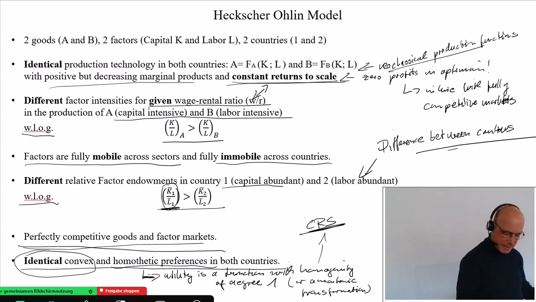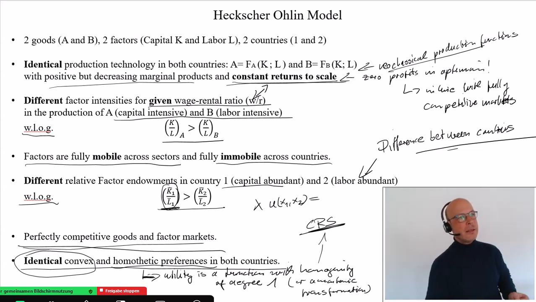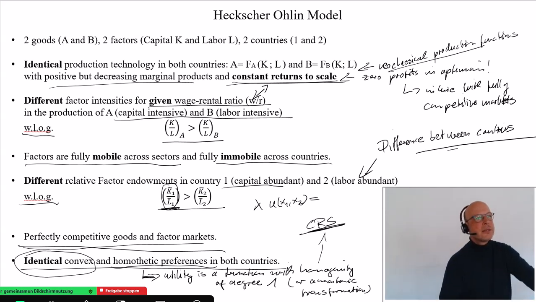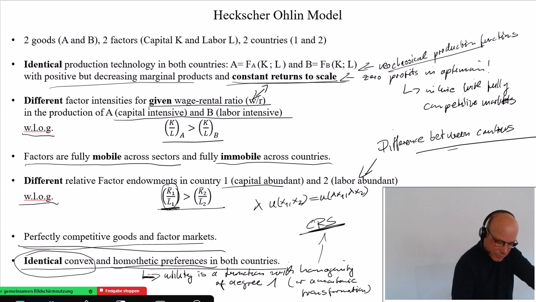So this just means u of x1, x2 times some factor lambda is the same if we multiply both inputs, here our consumption goods x1 and x2, with a factor lambda, u of lambda x1 lambda x2.